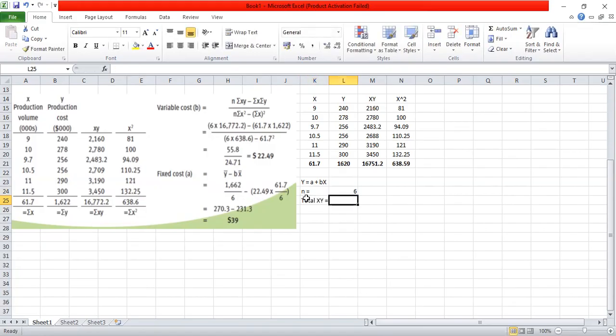Total xy, that is x into y, is 16,751. Then the total of x multiplied by the total of y.